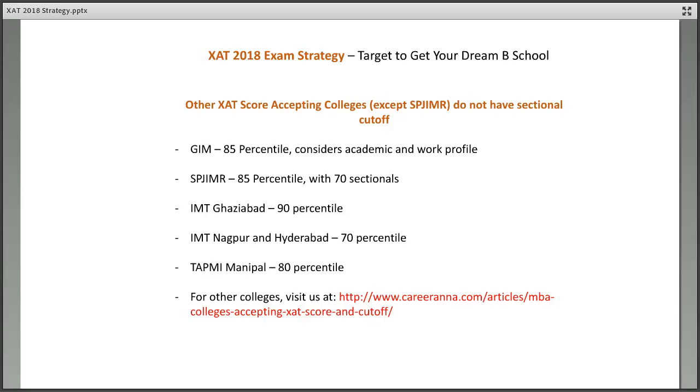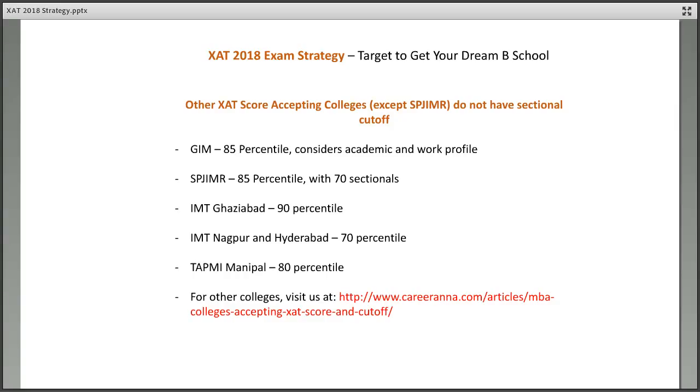Apart from GIM, you'll have IMT Ghaziabad accepting that score, and the cutoff would be usually around 90 percentile with no sectional cutoff. IMT Nagpur and Hyderabad campuses have that cutoff around 70 percentile, TAPMI Manipal 80 percentile, and there are many more institutes which accept that score.